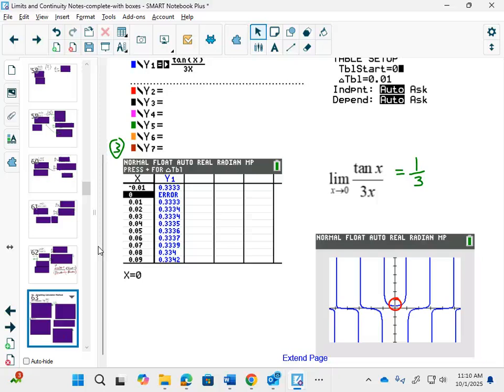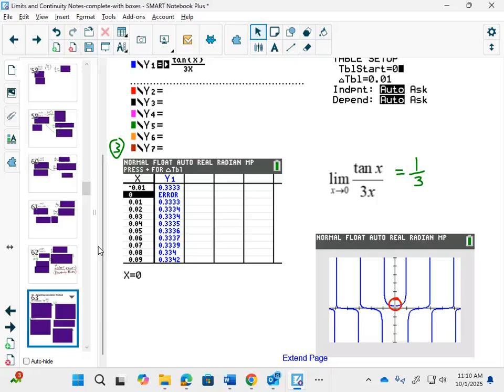Bro, that's the method. I'm telling you. Bro, this is a silly graph.